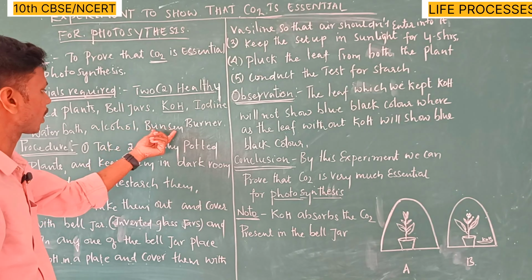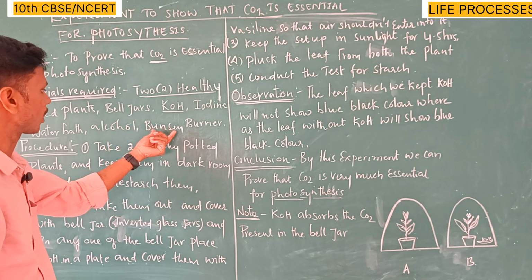Once after placing them, you have taken two plants, right? In any one of the plants, you should keep the KOH. Why KOH? KOH has the capacity to absorb all the carbon dioxide which is present in the bell jar.